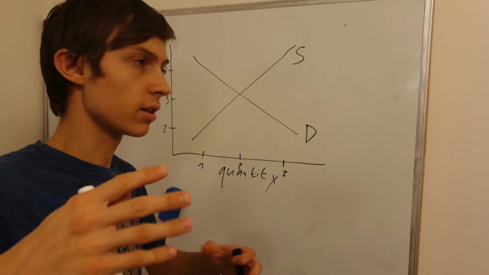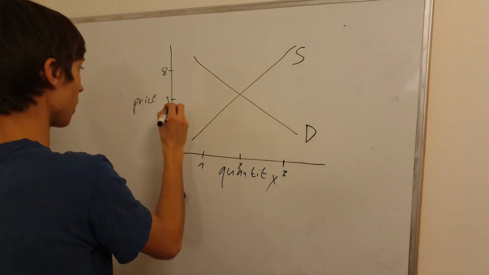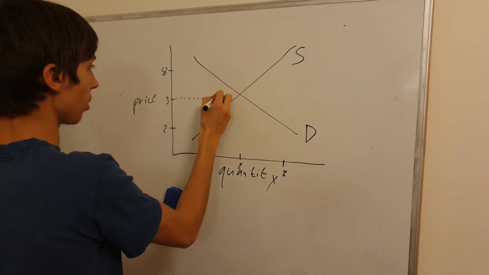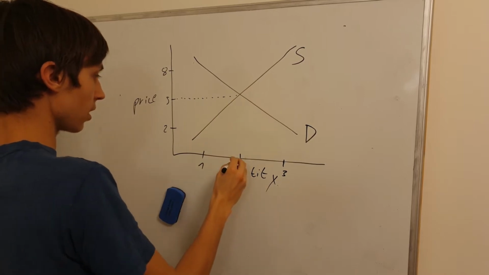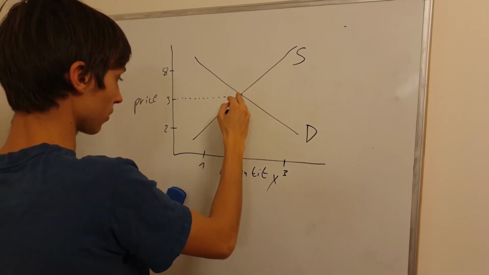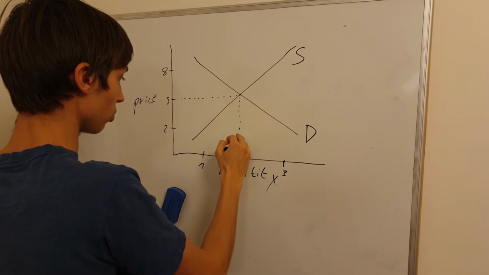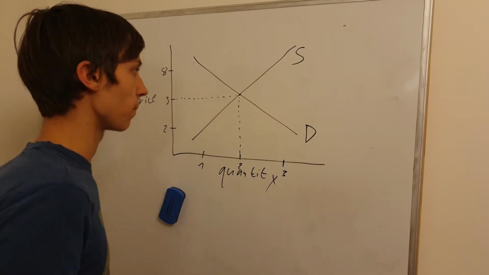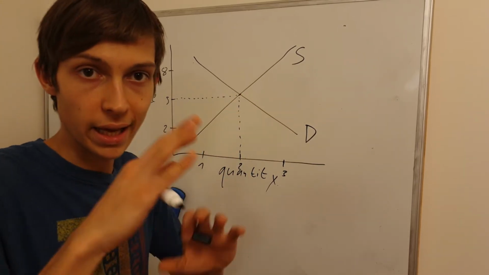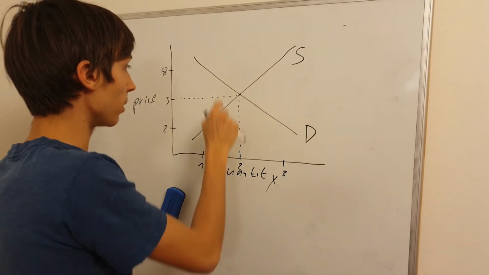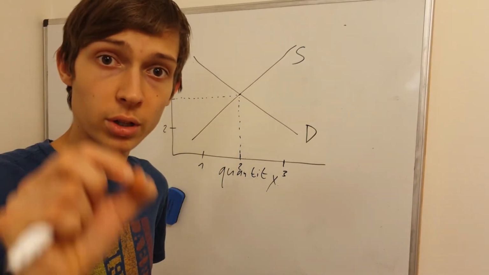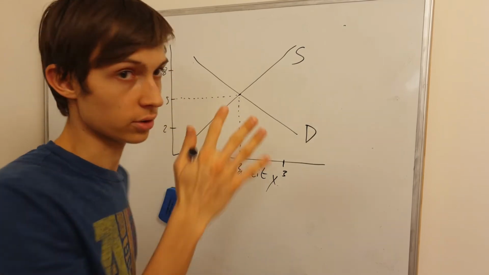So a certain product that's being produced at price 5, there is this cross of the two curves, and then goes to quantity 2.